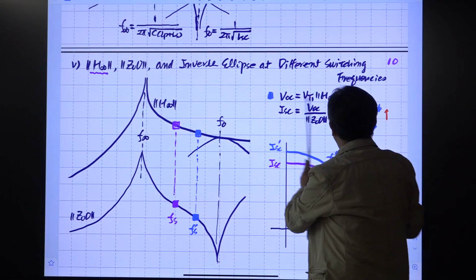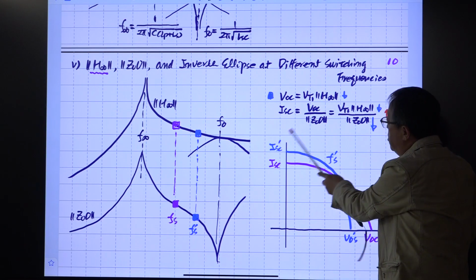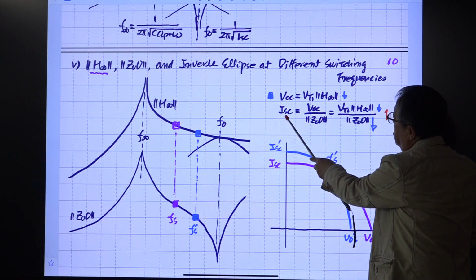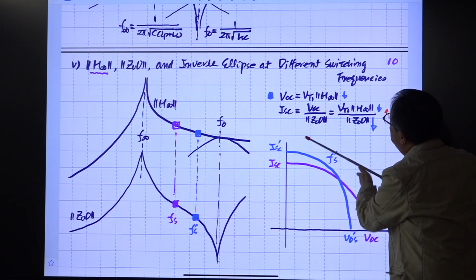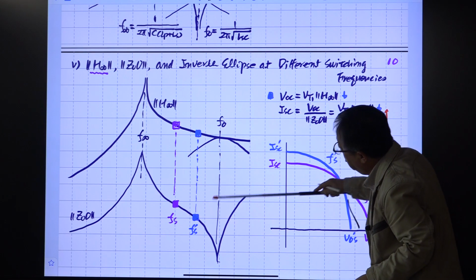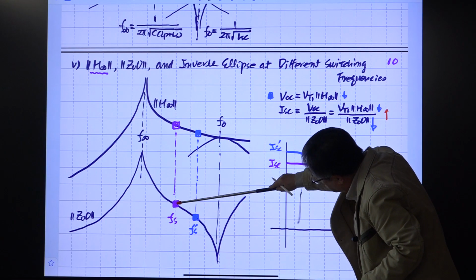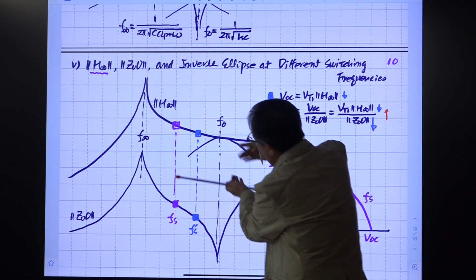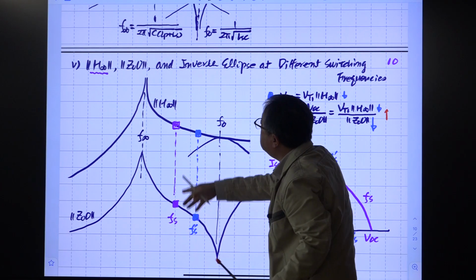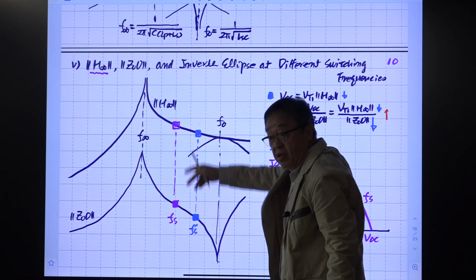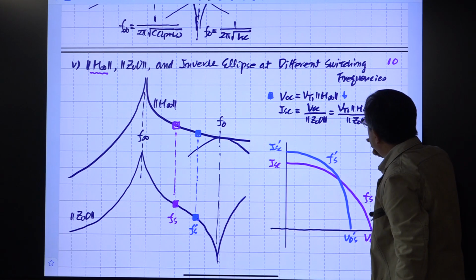Take a look at this. This ISC numerator is reduced. This will be reduced too because there is a fast slope. So this one is reduced by this much, but this one is reduced deeper than this one. Then this is further reduced.